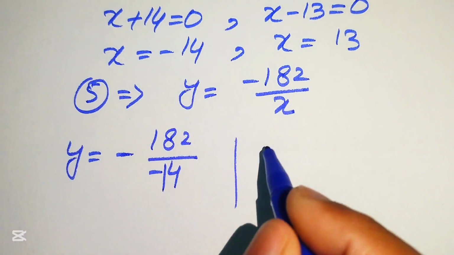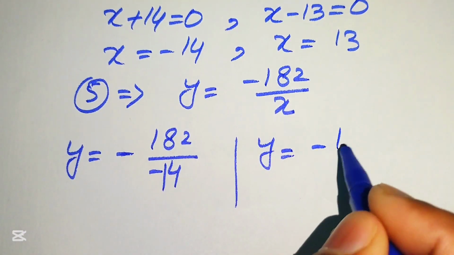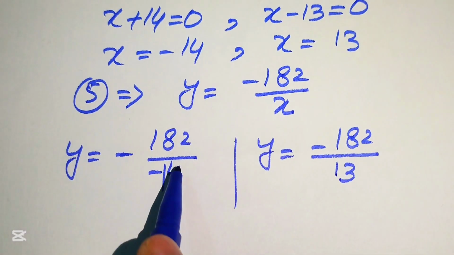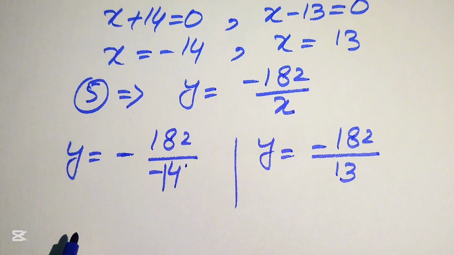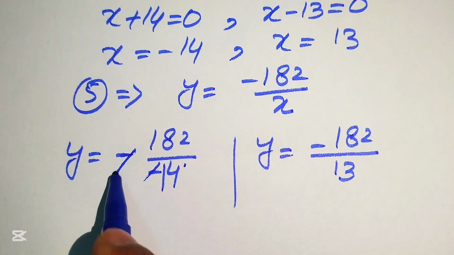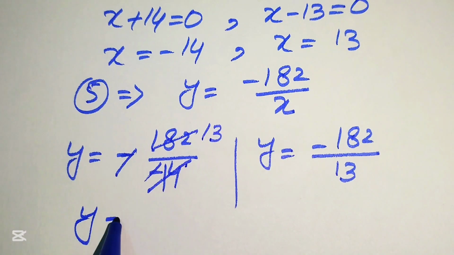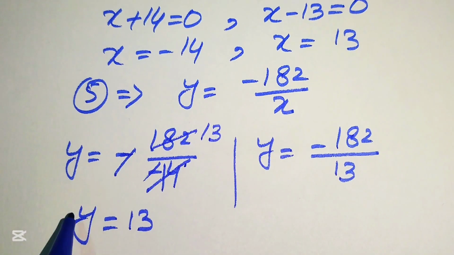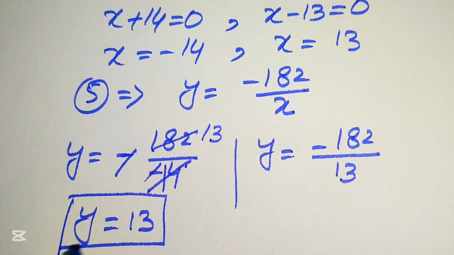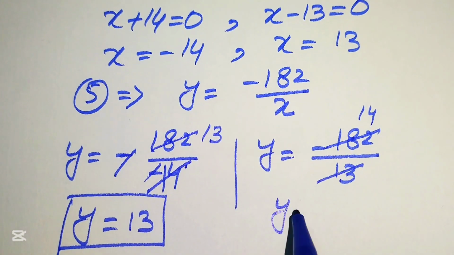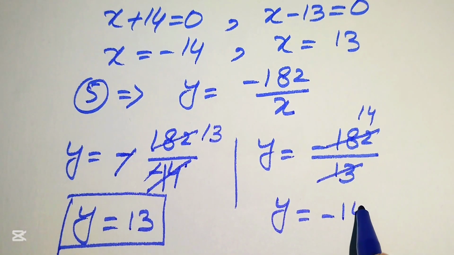And when you put x equals 13 here, you will get y equals minus 182 divided by 13. Okay, so you see here the minus and minus cancel each other, and 14 times 13 equals 182. So you get the value of y equals 13. Similarly, 13 times 14 equals 182, and we get here y equals minus 14.